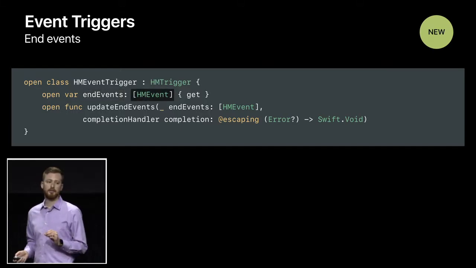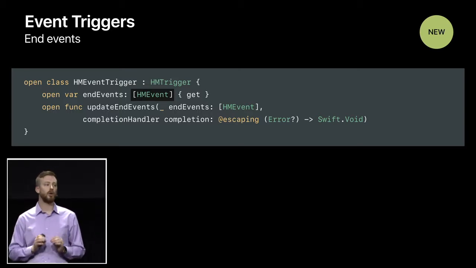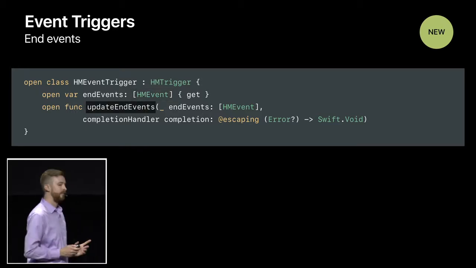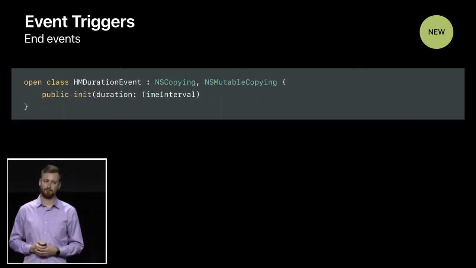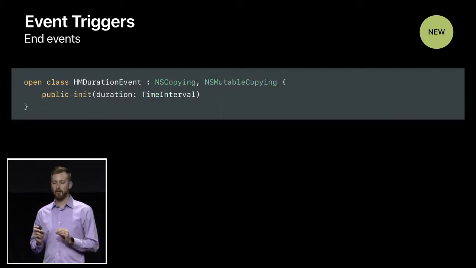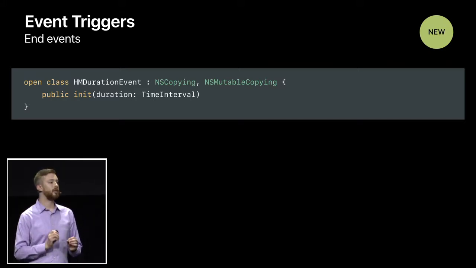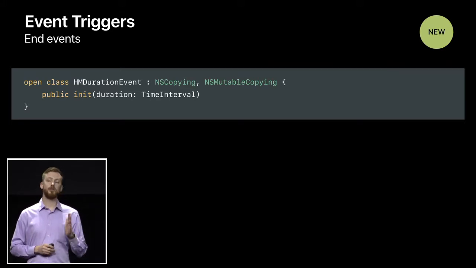And you can update the existing end events for an event trigger via updateEndEvents with completion handler. Now, we've added a new event for end events, HMDurationEvent. And this allows you to specify a time interval from the trigger's execution time, at which point to end the event.